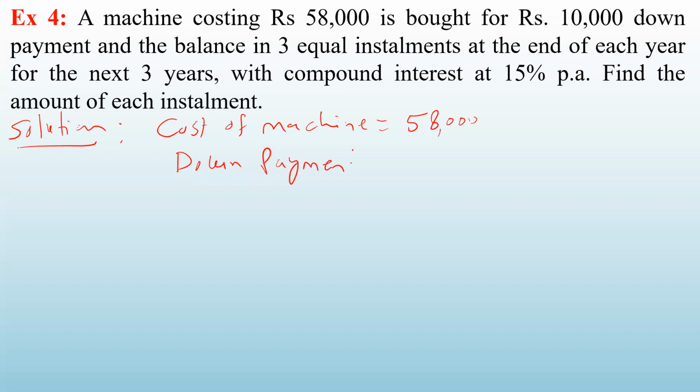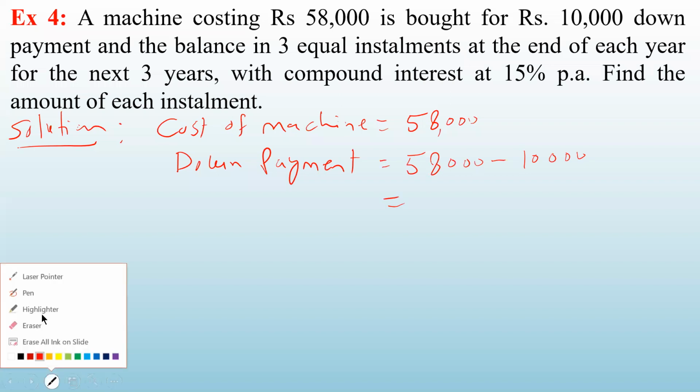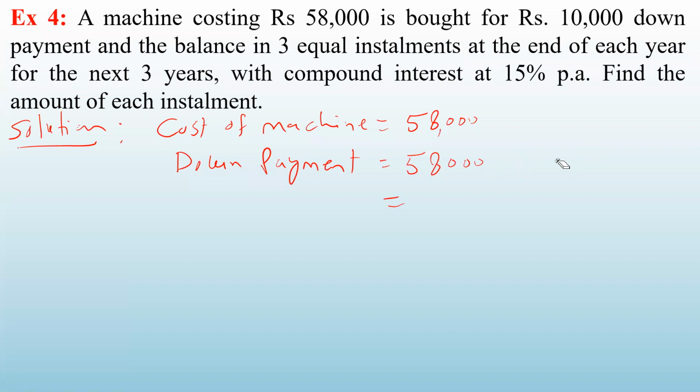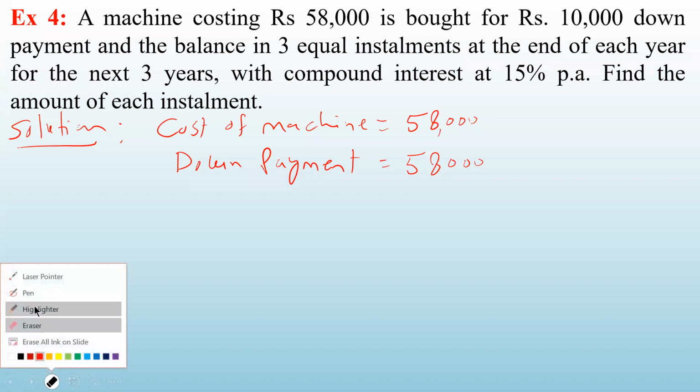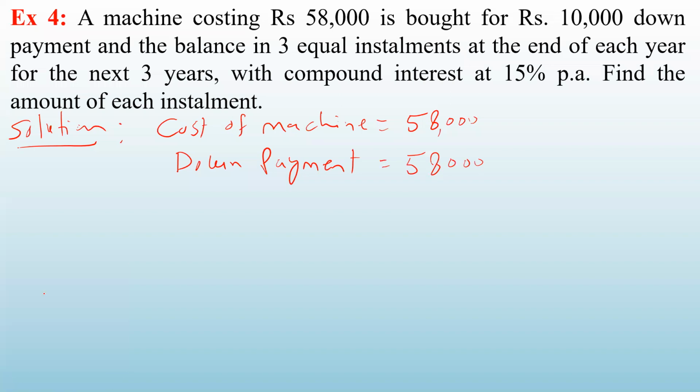Down payment means when you go for purchasing, then and there you have to pay in cash. So the down payment is 10,000. Okay. The cost of the machine was 58,000 and the down payment made is 10,000.